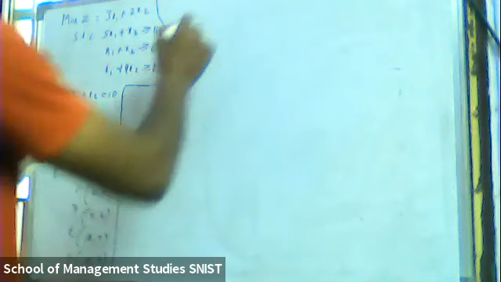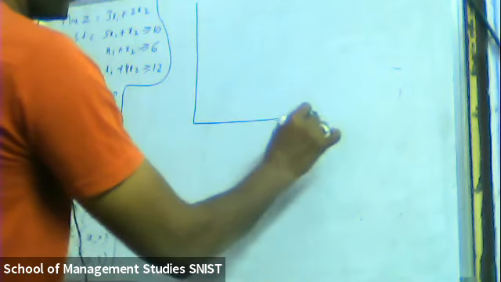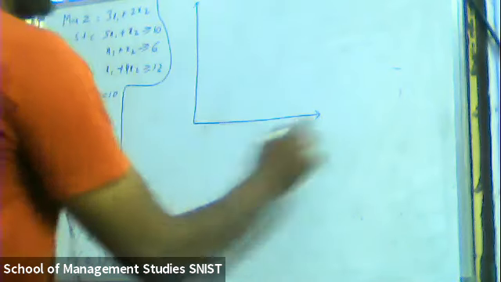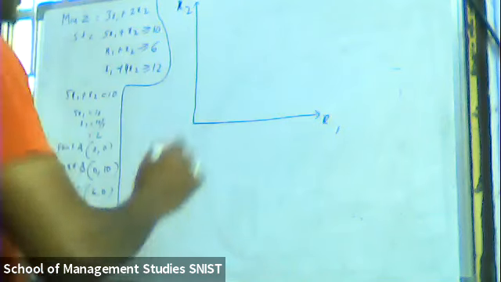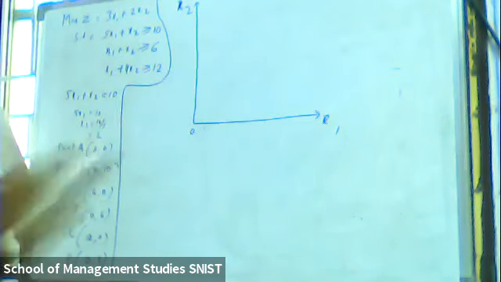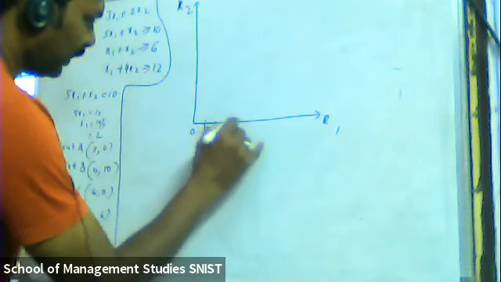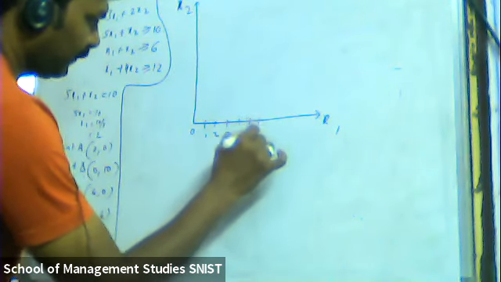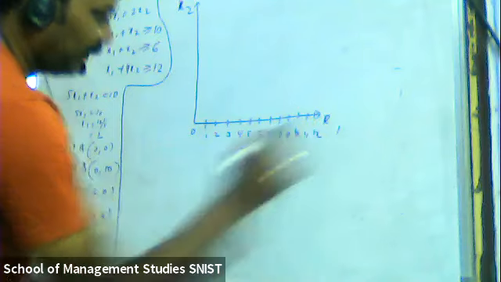So I'm drawing the graph here. This is x1 and this is x2. On x1 we have 12, so 1, 2, 3, 4, 5, 6, 7, 8, 9, 10, 11 and 12.